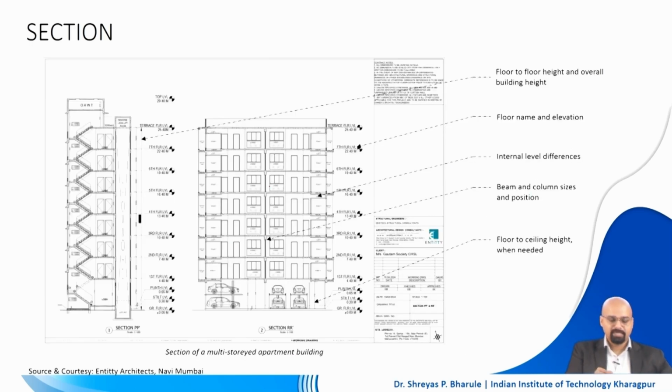So this is a typical side section and a section through a staircase. So here you see the staircase, the doors, the mumty on the top, or the water tank on the top, right, the lift mumty on the top, the lift room, the lift core is also mentioned here. So this is where the lift core is. So all of these things are required to be made available with all descriptions within the sectional drawing.